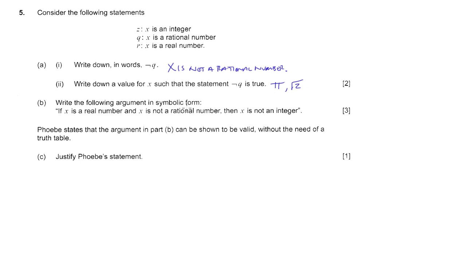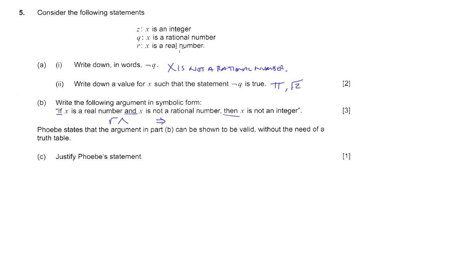Moving on, write the following argument in symbolic form. If x is a real number and x is not a rational number, then x is not an integer. Since we have the if and the then, we know we have this implication here, so we've got our arrow. So if x is a real number, that's R, and is represented with the up arrow, or the caret.